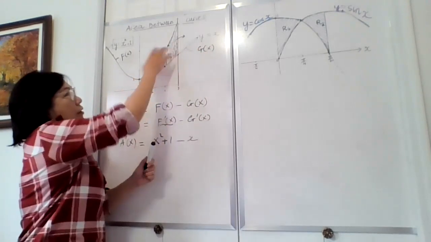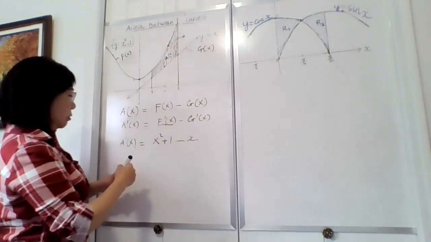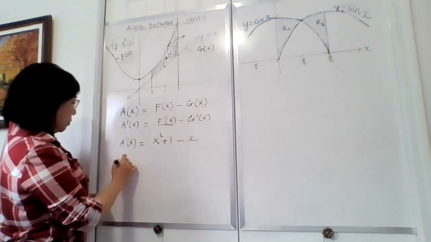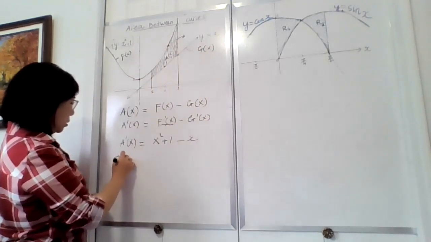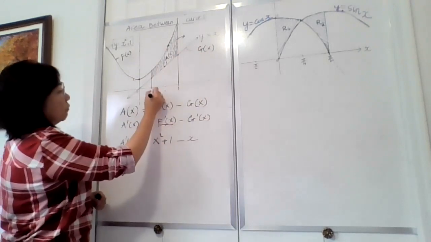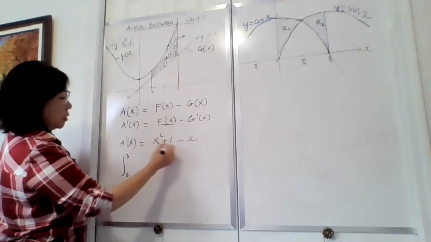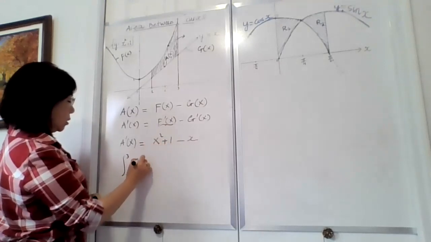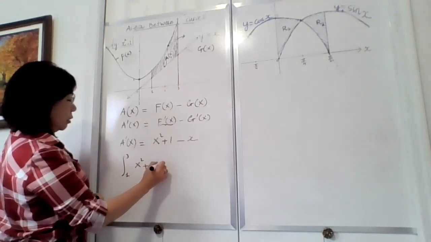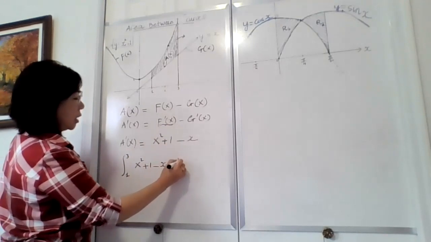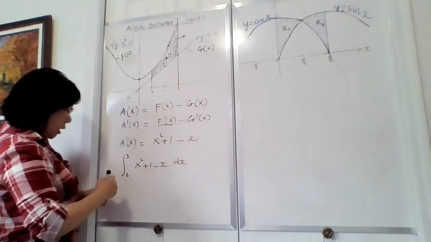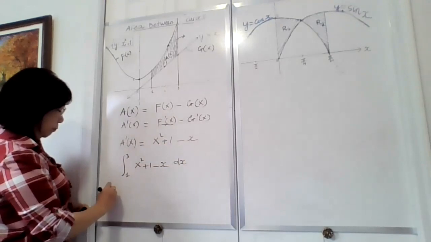To find the area, we have to take the integration. So I'm going to take the integration of this, from 1 to 3, and I'm going to substitute this in. So the integral of x squared plus 1 minus x dx. So now we have to find the area function.